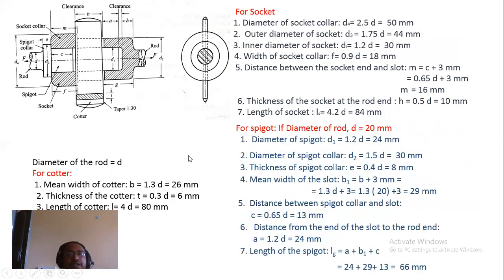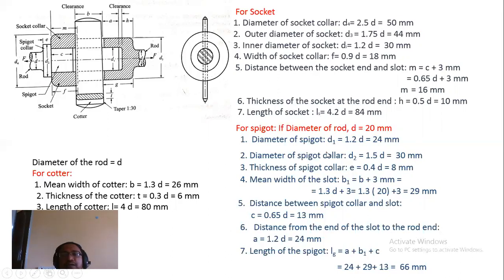And this is the terminology we use while drawing the orthographic views of the socket, spigot, and cotter joint. For the cotter, you should remember the mean width of the cotter, thickness of the cotter, and length of the cotter. In the socket, the diameter of the socket collar, outer diameter of the socket, inner diameter of the socket, width of the collar, then the values of m, h, and length of the socket you should know.